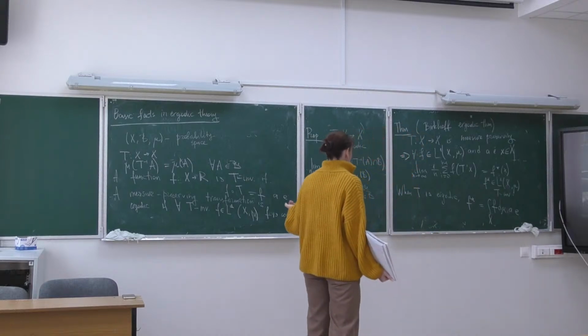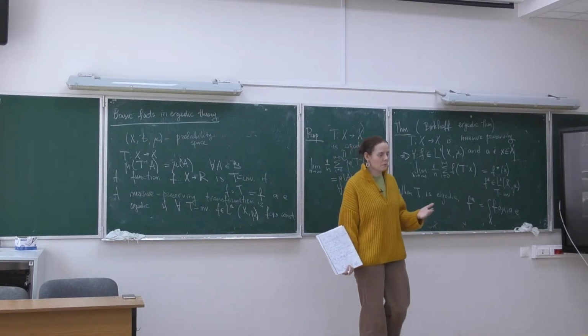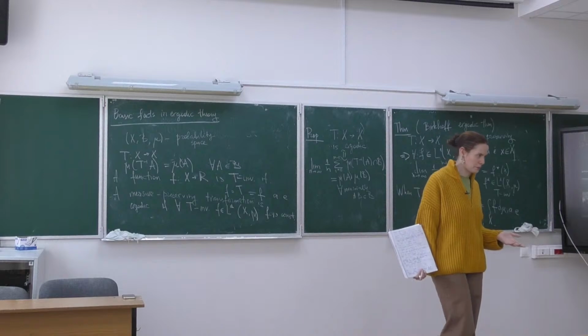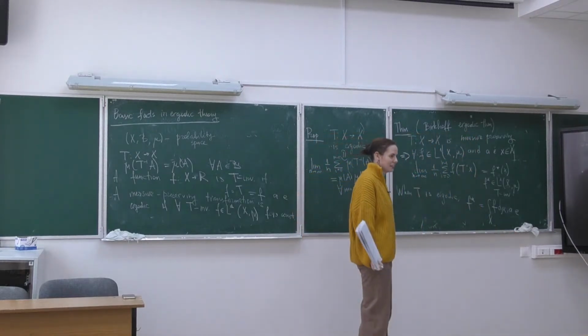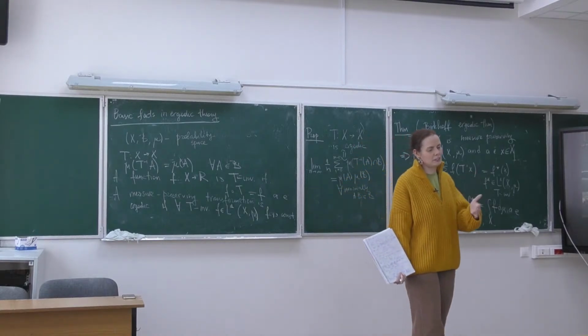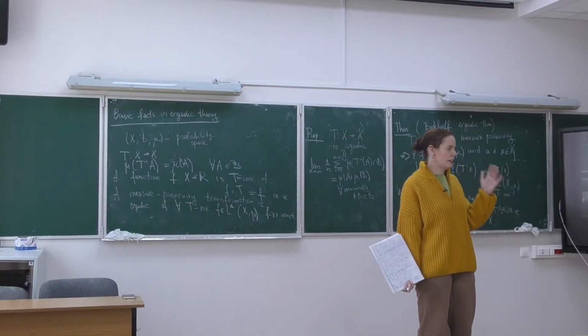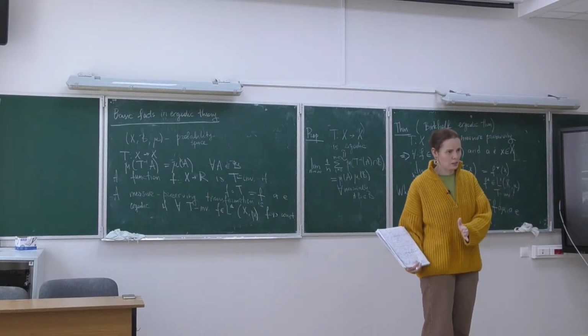And in this case, it's kind of useless to think in ergodic terms, because none of the ergodic statements will provide you any good information about it. So this is one of the reasons why homogeneous dynamics also exists, and why in the last several years so many challenging problems in dynamics were solved at the intersection of ergodic theory and homogeneous dynamics.